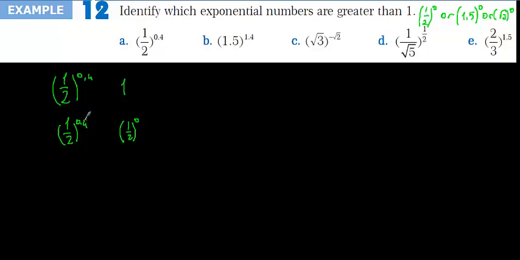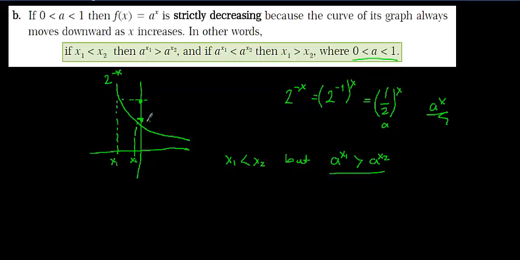It says that if the base is between 0 and 1, the bigger the power, the smaller the value. Here, which is bigger, 2 to the power of x1 or 2 to the power of x2?